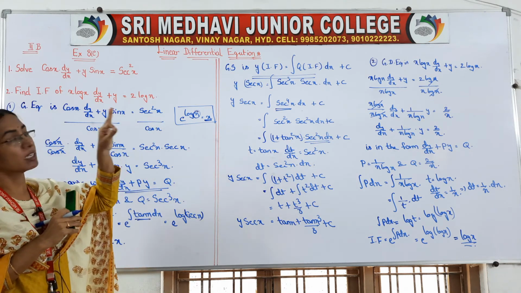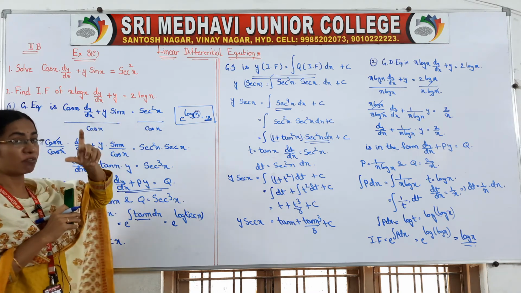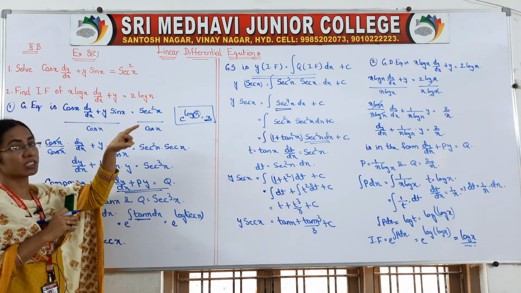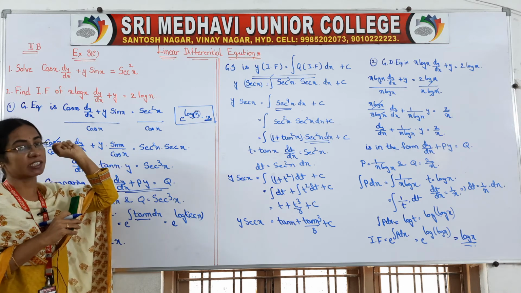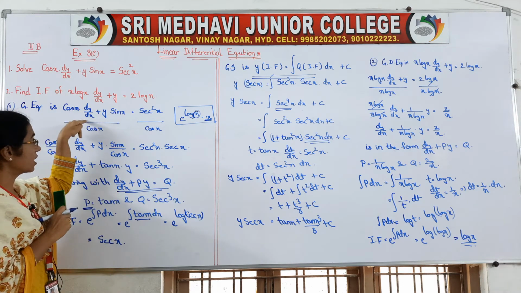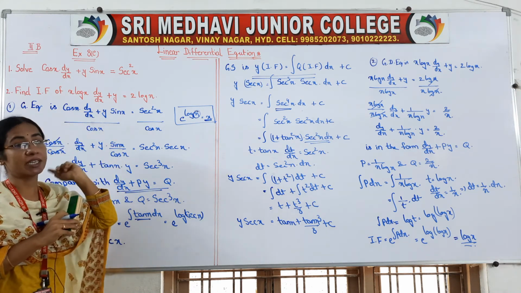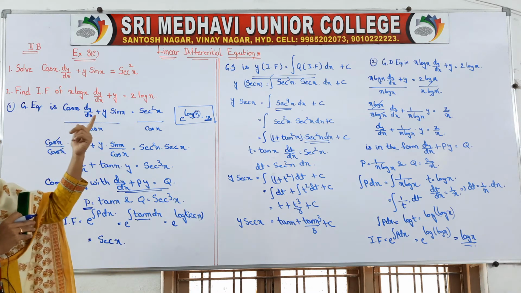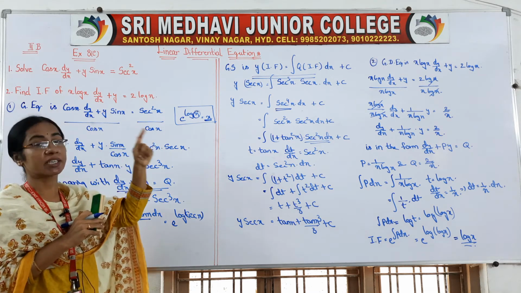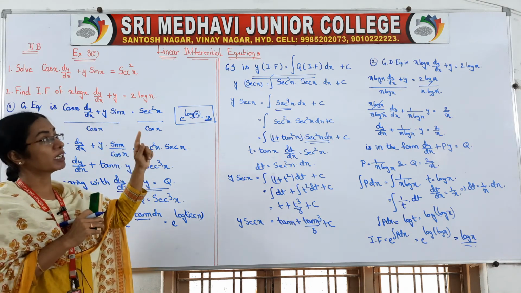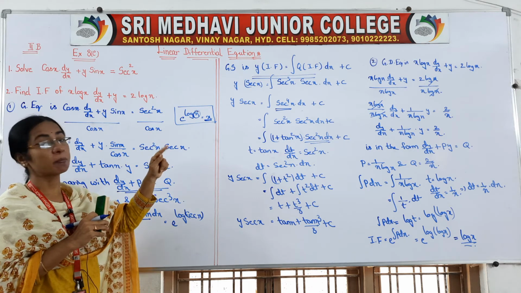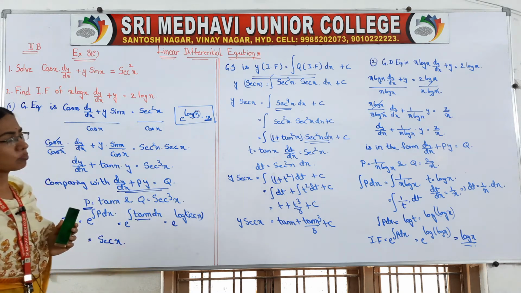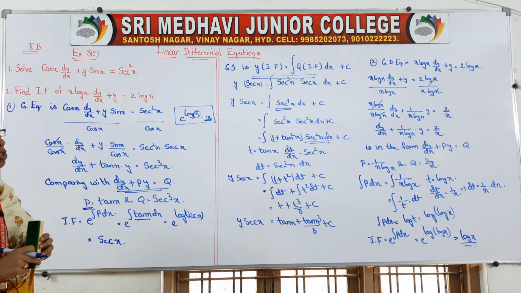Suppose instead of dy by dx you have dx by dy, a linear differential equation in terms of x, then the general solution is x into integrating factor is equal to the integration of q into integrating factor into dy plus c. Okay, so this is your question.